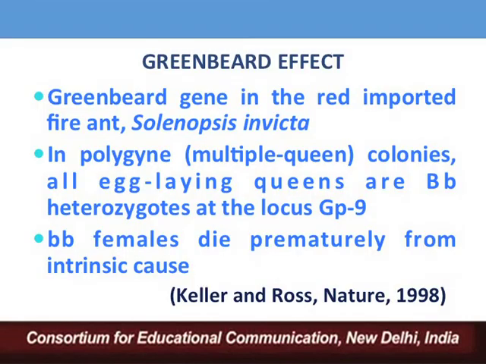One example of the green-beard effect has been seen in the red imported fire ant, Solenopsis invicta, wherein there are multiple queens in the colony, and only those queens are able to survive which are allowed to do so by specific ants. These worker ants are able to distinguish between queens based on their genotype, because different queens having different genotypes produce different odors, and workers can recognize these odors.